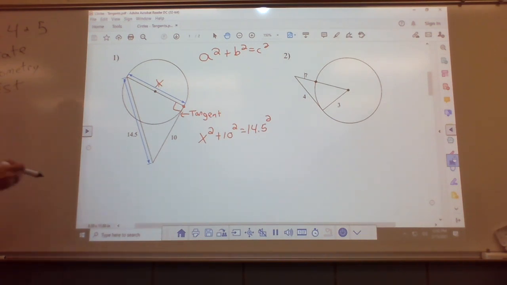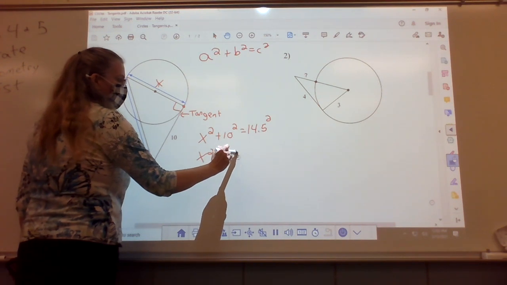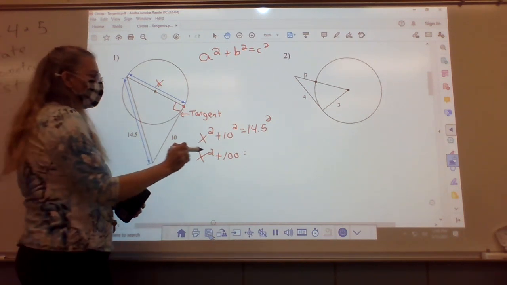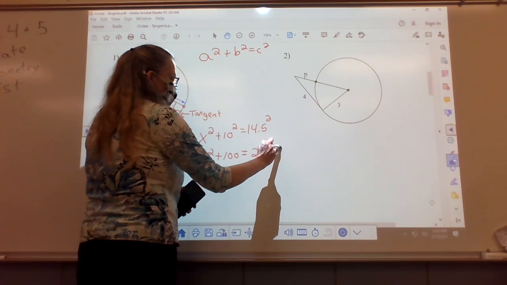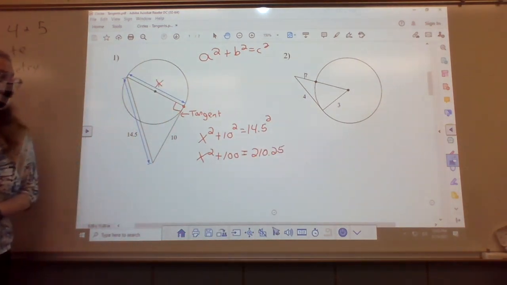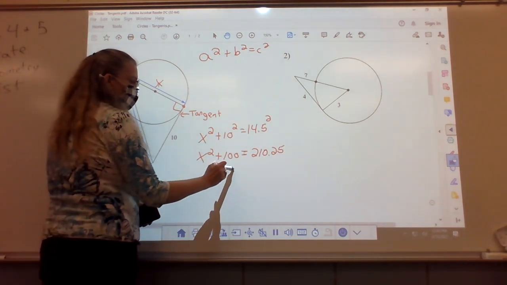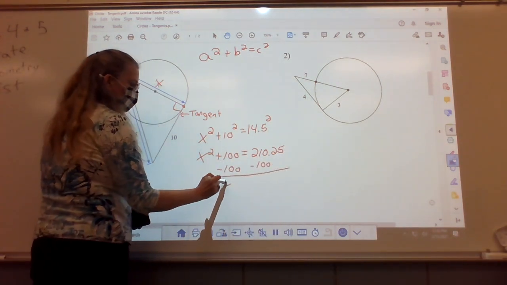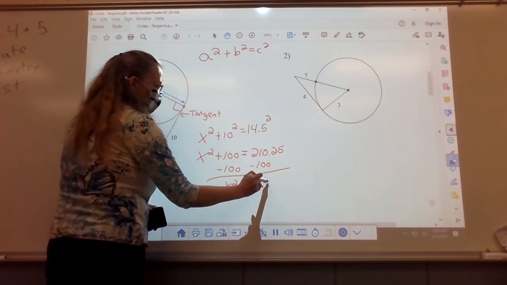Well, 10 squared is 100. 14.5 squared is 210.25, 210 and 25 hundredths. I want to solve for x squared, so I'm going to subtract 100 from both sides. So x squared equals 110.25.